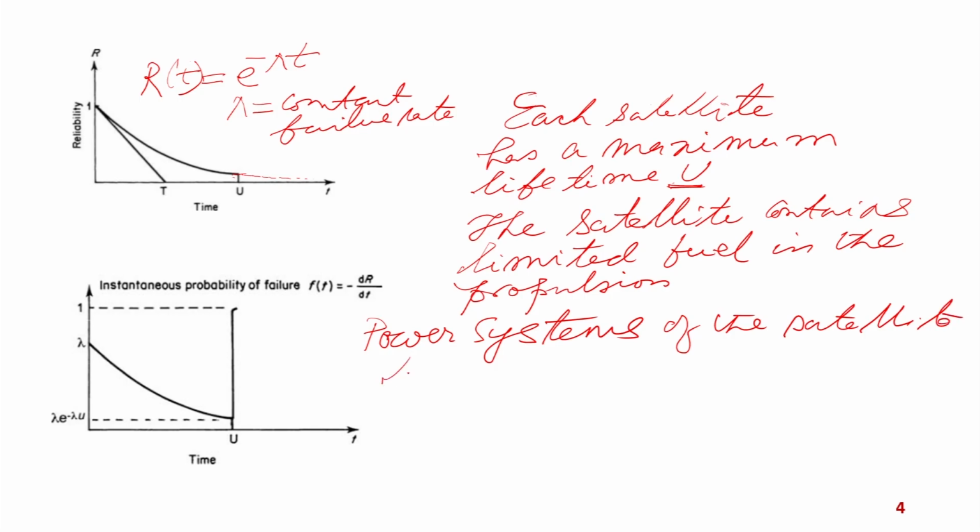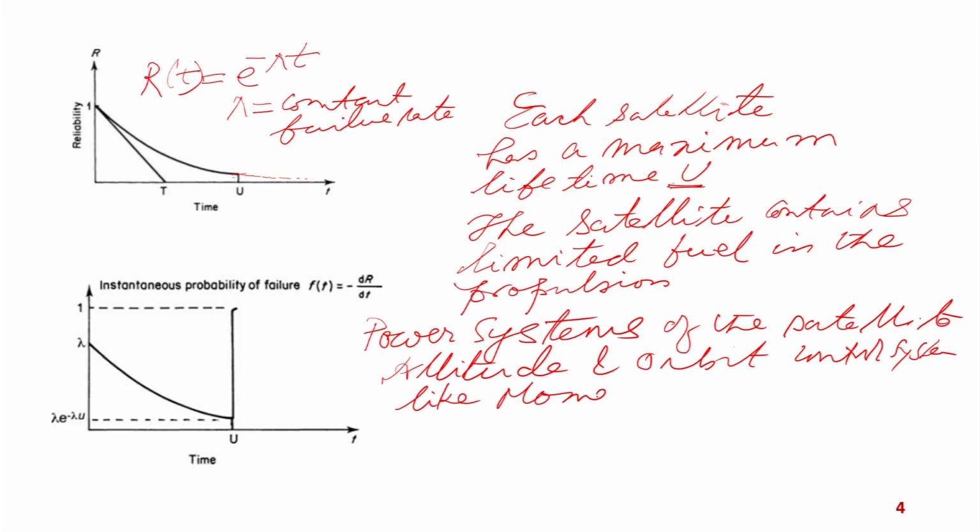Then the attitude and orbit control system, where movable parts like momentum wheels are used. The momentum wheel is again driven by motors, so if there is a problem in the control circuit or a failure in the momentum wheels, they also will have maximum lifetimes. This will decide the maximum lifetime u of the satellite. After u, the reliability of the satellite is 0.